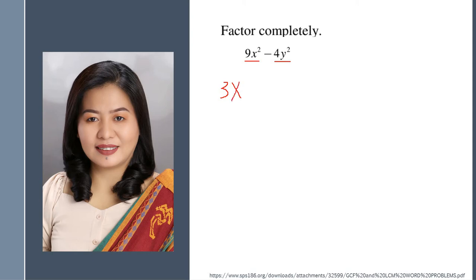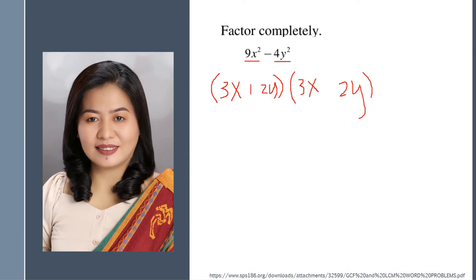3x. So factors of 9x squared are 3x and 3x. Factors of 4y squared are 2y and 2y. So since we have a difference of two squares, when we multiply 2y and 2y, it should give us a negative 4y squared.